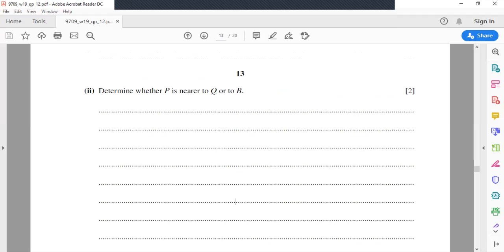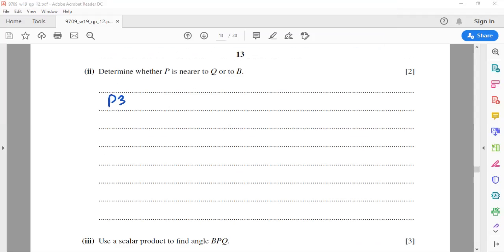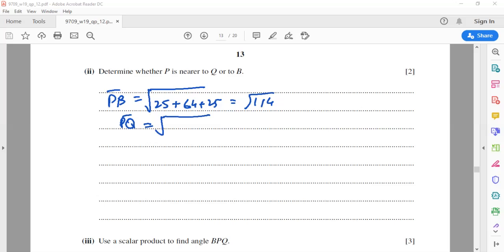The second part says whether P is nearer to Q than to B. So let's check the magnitude of PB and PQ. The magnitude of PB: 5 squared is 25, 8 squared is 64, and 5 squared is again 25, so it's going to be 114. Whereas for PQ, 4 squared is 16, 8 squared is 64, and 5 squared is 25, and this whole thing takes you to 105.